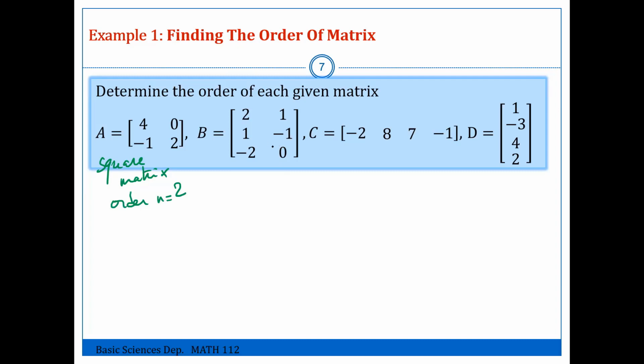What is the order of this matrix B? 3 by 2. What is the order of C? 1 by 4. How do we call C? It's a row matrix. What is the order of D? 4 by 1. It's a column matrix.